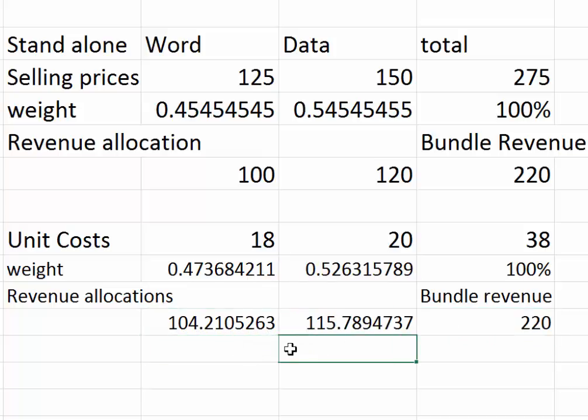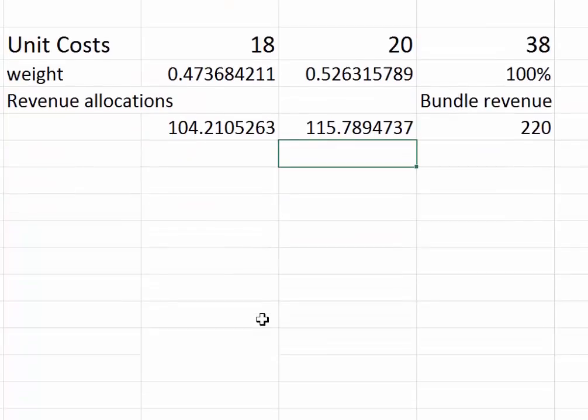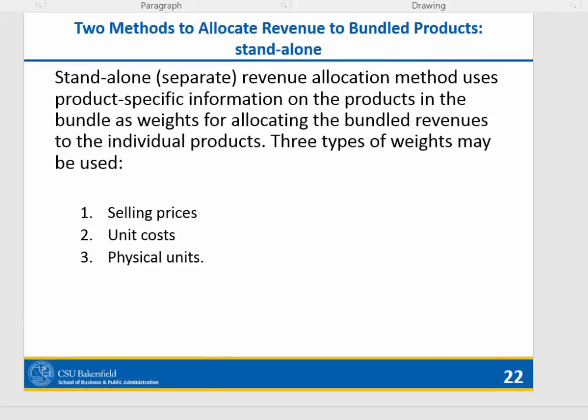So you have two revenues allocated. That's about the unit cost. The next one we can look at is the physical units. Physical units is actually pretty simple.